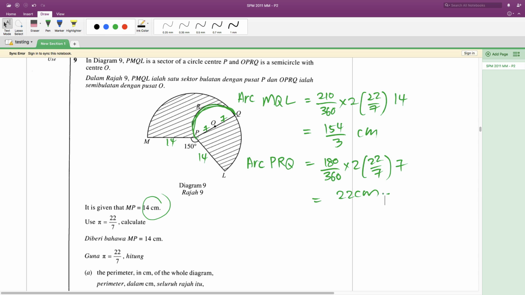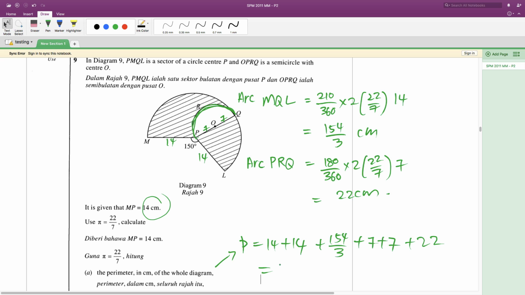Now I can do the perimeter already. My perimeter equals 14 plus 14 plus 14 plus the big arc MQL, which is 154/3, plus the small one, 7 plus 7 plus 7, plus the arc length here, which is 22.